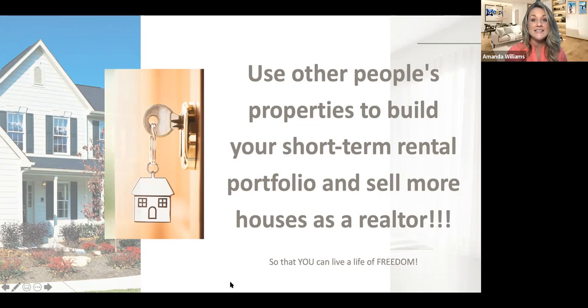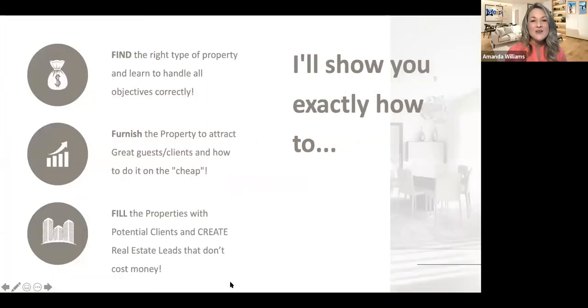So let's dig in. What I'm going to show you today is 3 things. So the first one is finding the right type of property and then learning how to overcome the objections that come up correctly. Also, furnishing the property. So how do you furnish that property to attract more guests and more of your avatar guests?